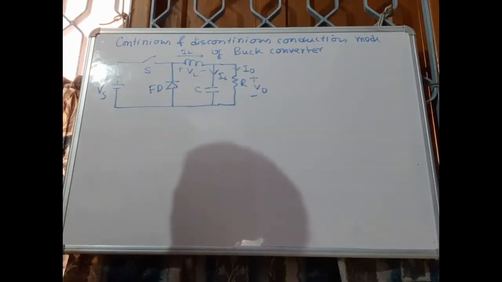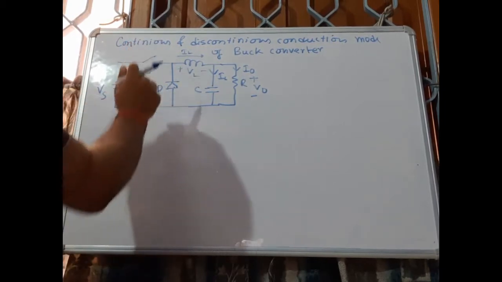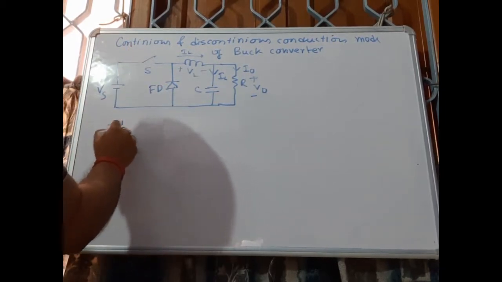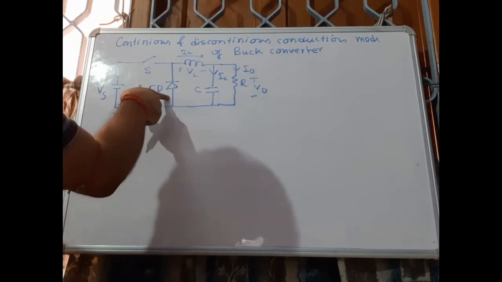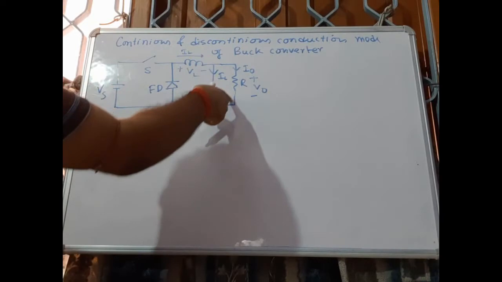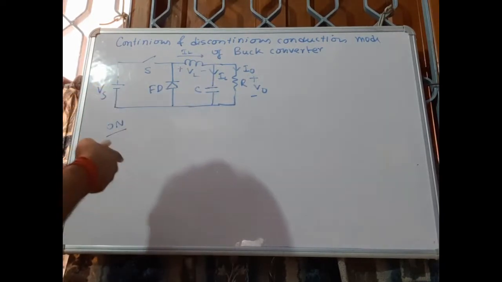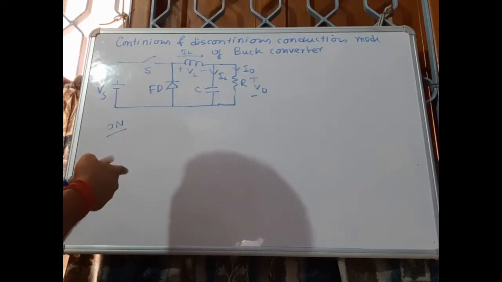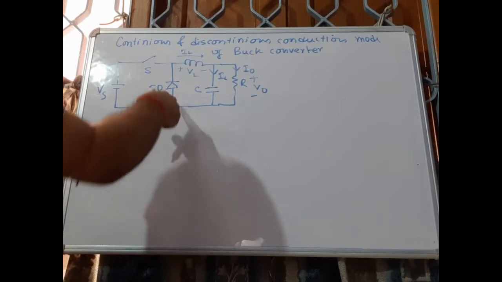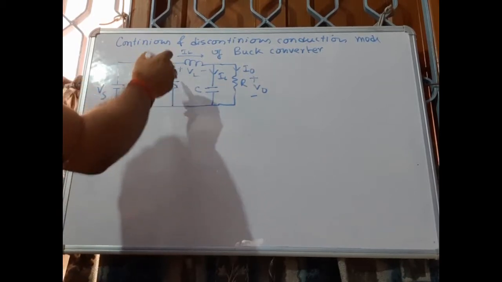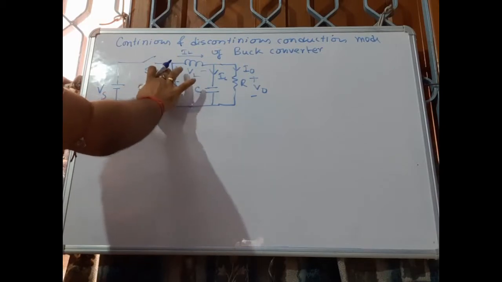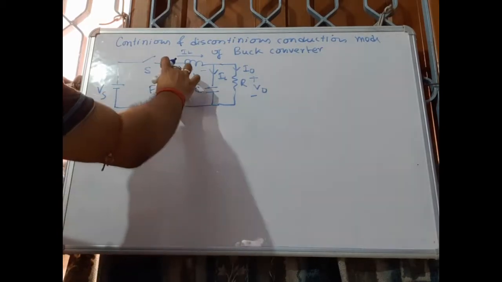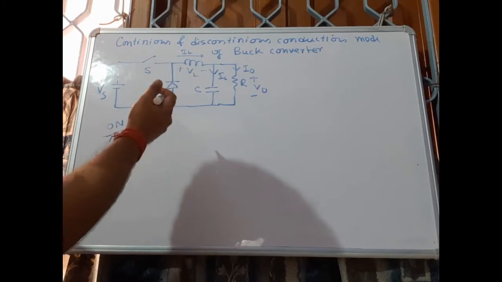Okay, now for when the switch is in on condition, what would be the circuit diagram? See, when the current is flowing through this, we can consider that the free wheel diode is in reverse bias, because in this direction no current will flow. So the free wheel diode can be considered as an open circuit.